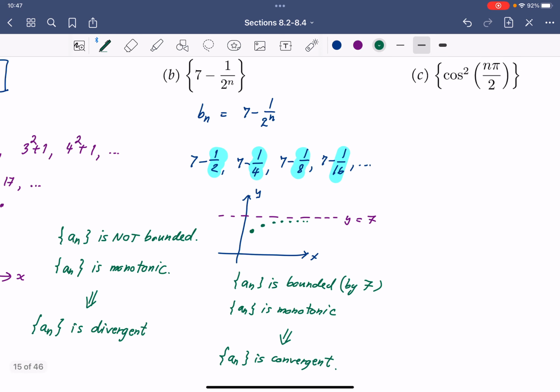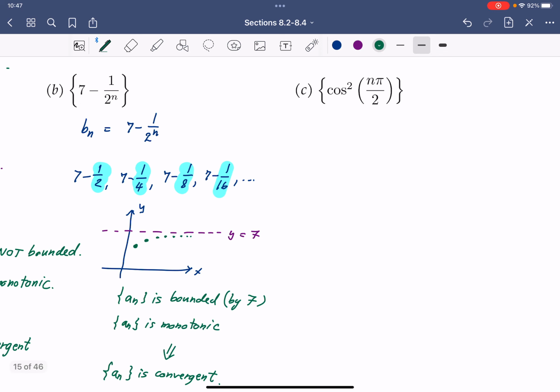All right, the last one, C. So let's look at this one. We have cosine squared of n pi over 2. You have to think a little bit. When you plug in n equal to 1, cosine pi over 2 is cosine 90 degrees, right? Cosine 90 degrees is 0.